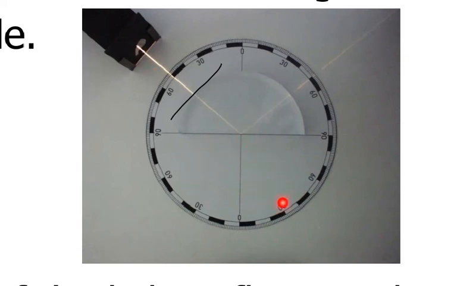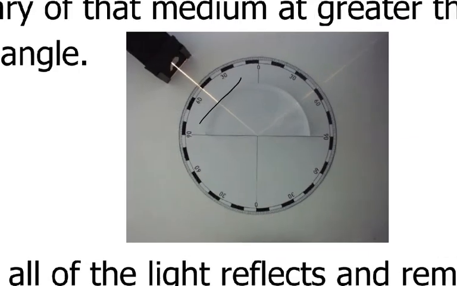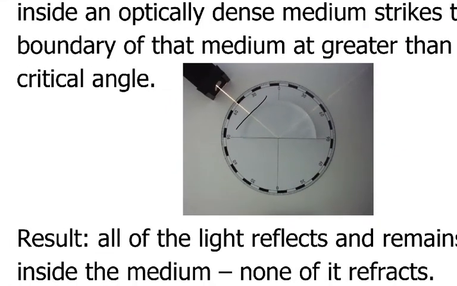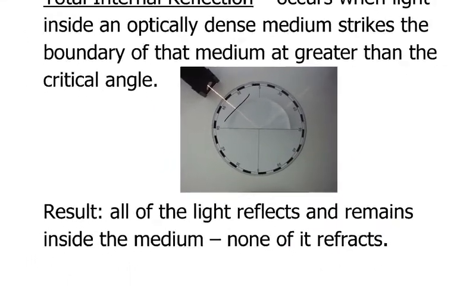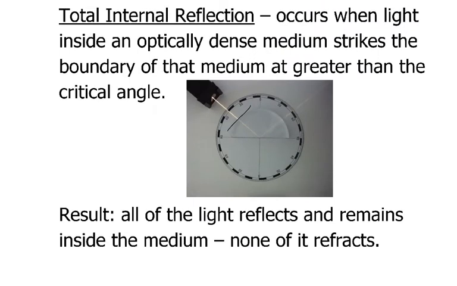You can tell that there's no light over here. All of it reflects. That's called total internal reflection, and that's what occurs when you strike the boundary of a dense medium with a less dense medium at greater than the critical angle. So the end result is that all of the light reflects and remains inside the medium. None of it refracts, and this has some very interesting applications.